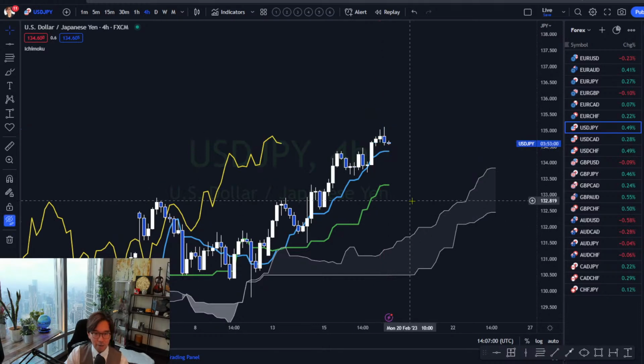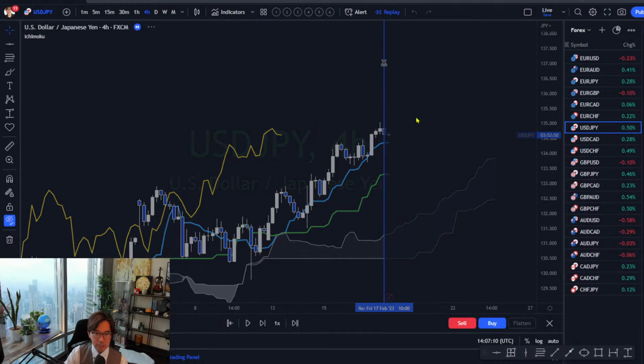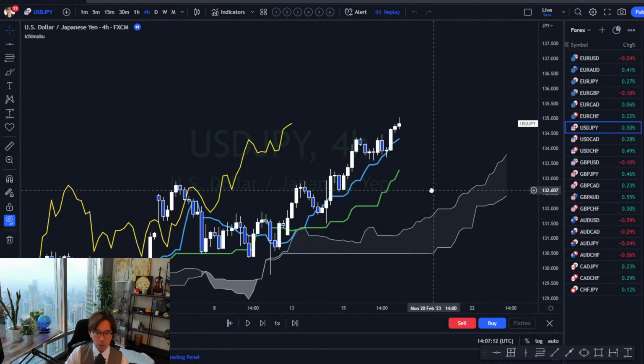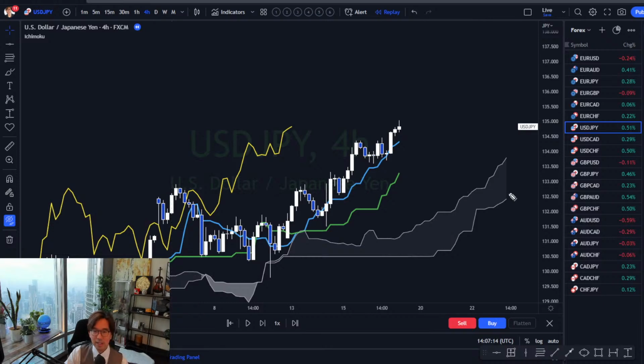Based on the 4-hour, it has been nicely bullish. The Kumo was bullish when I took the trade. Hold on, let me do bar replay. So when I took the trade, the market was looking like this. This is the 4-hour time frame, and I was saying that the Kumo itself has been bullish.